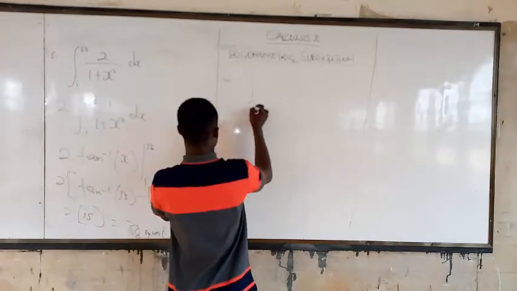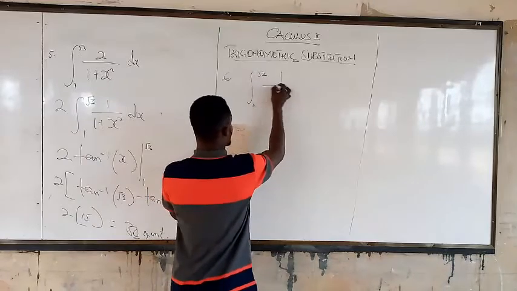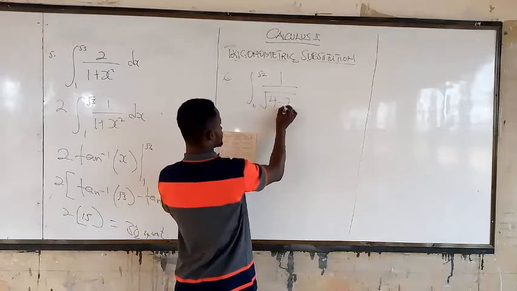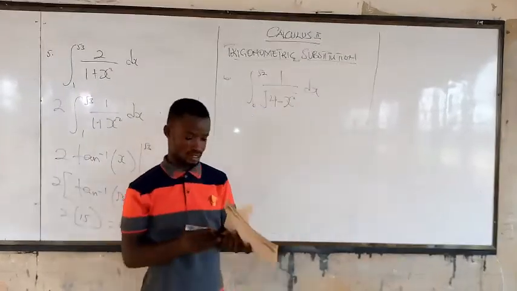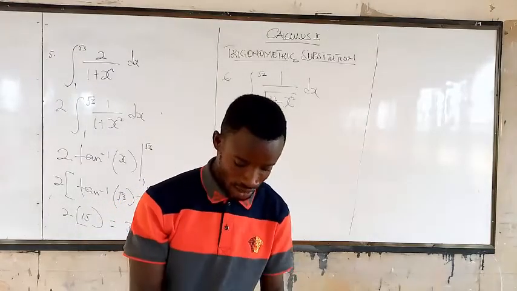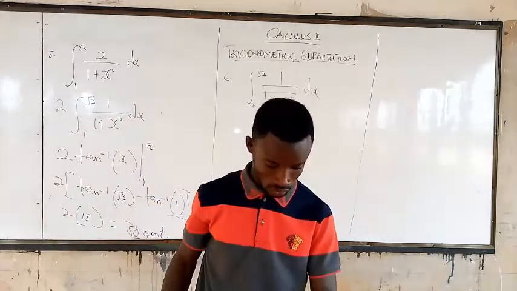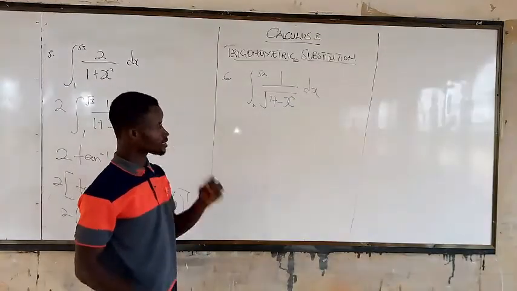6. Integral of 0 to square root of 2, 1 over 4 minus s squared ds. Having this also is a definite integral, alright?